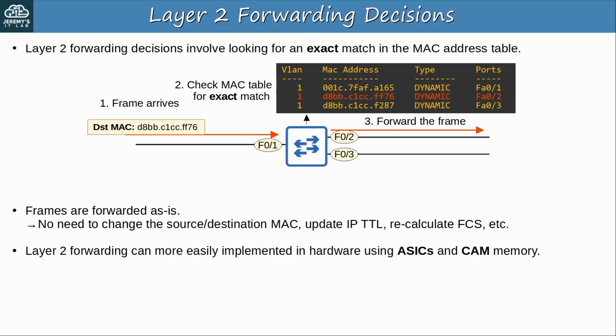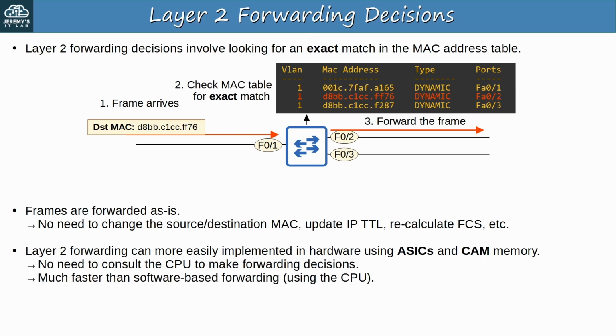Because of its relative simplicity, Layer 2 forwarding can more easily be implemented in hardware using ASICs and CAM memory, compared to Layer 3 forwarding. There is usually no need to consult the CPU to make forwarding decisions. And this hardware-based forwarding is much faster than software-based forwarding, in which the CPU is asked to make forwarding decisions.